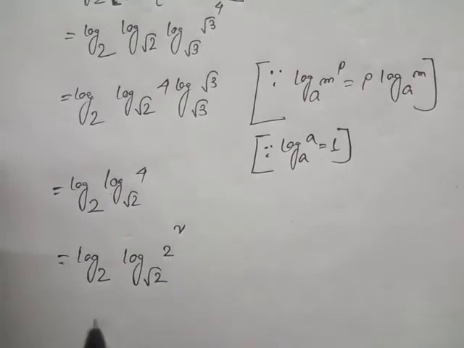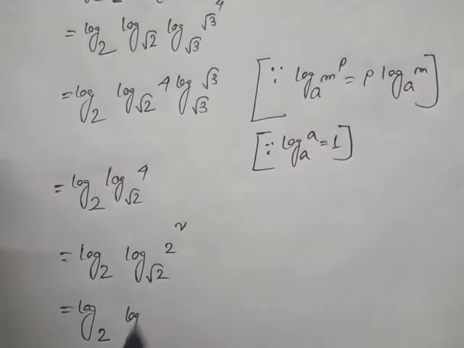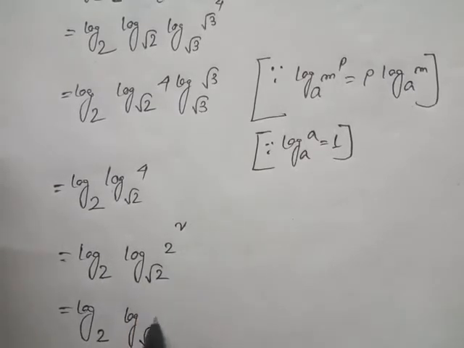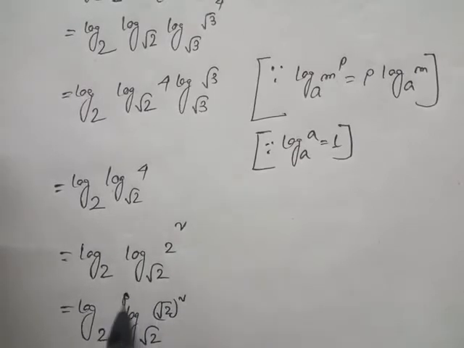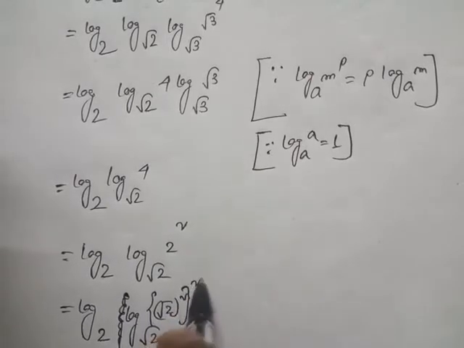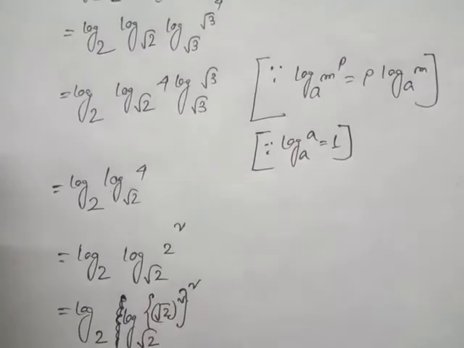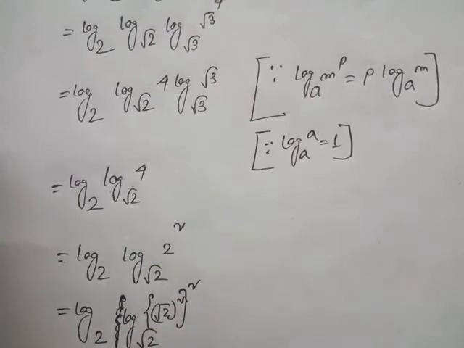Now look again, in the next step there is log base 2 and here log root 2, and this 2 is root 2 square, now whole to the power, or if I don't give brackets here it will be okay, this square means this value here.